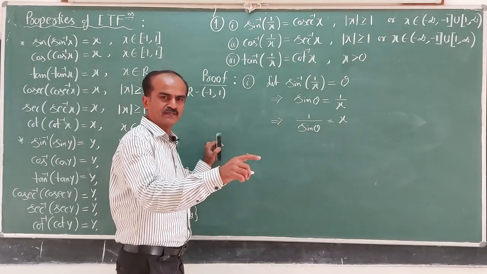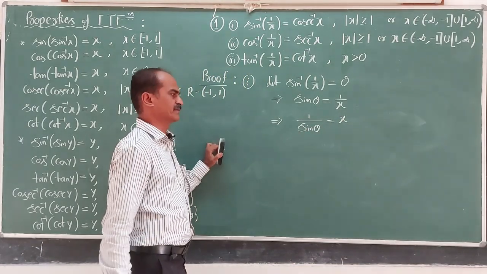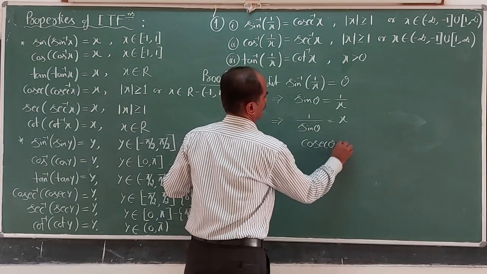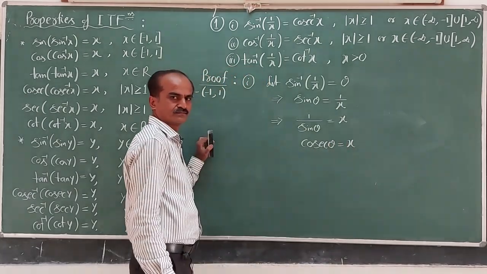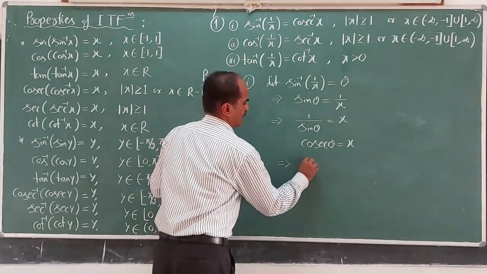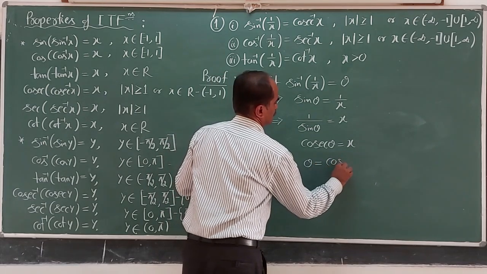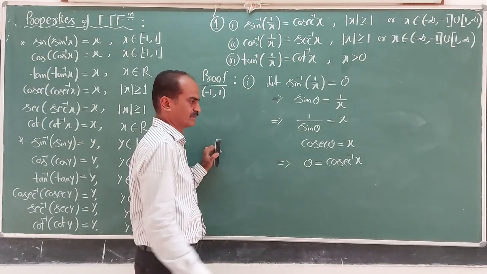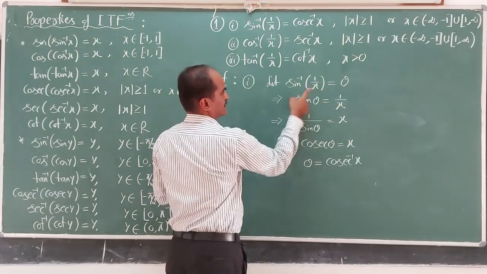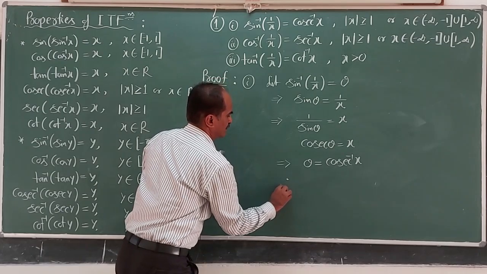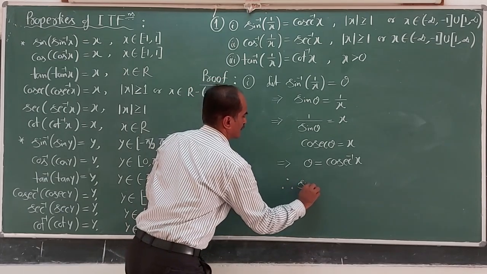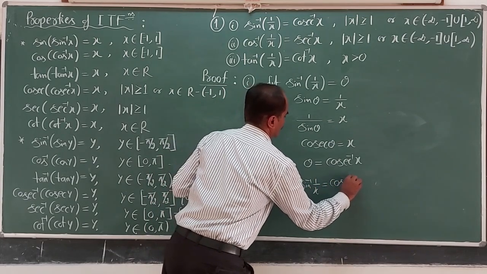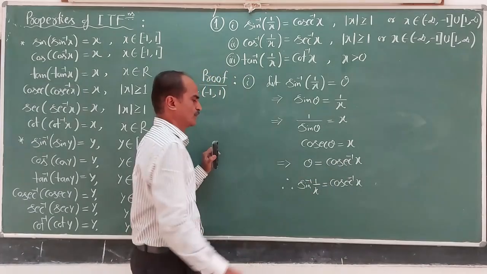If a equal to b, then 1 by a equal to 1 by b. What is 1 by sin theta? Cosecant theta. Cosecant theta is equal to x. Now I write theta equal to cosecant inverse of x using inverse function. What theta have we written? Theta is nothing but sin inverse of 1 by x. Therefore, sin inverse of 1 by x is equal to cosecant inverse x.